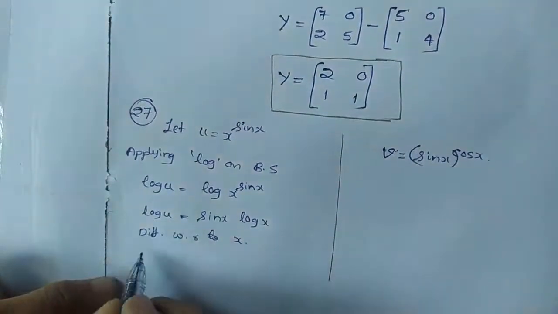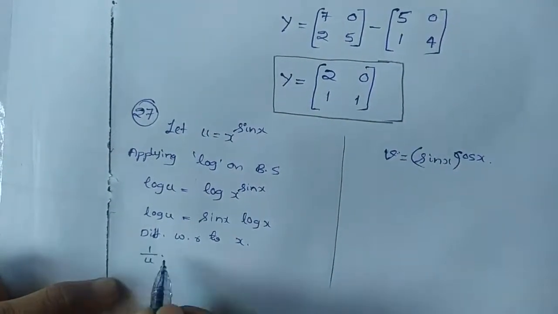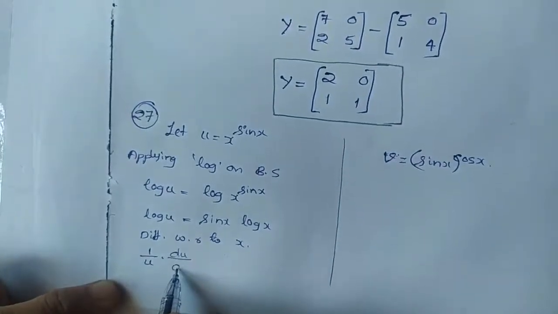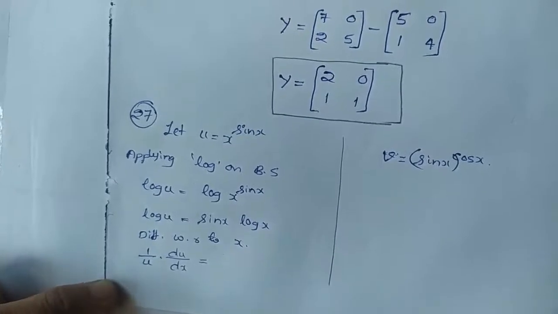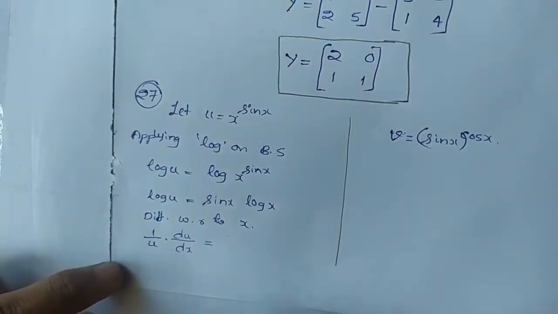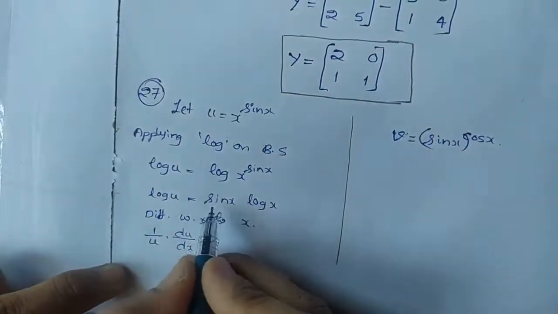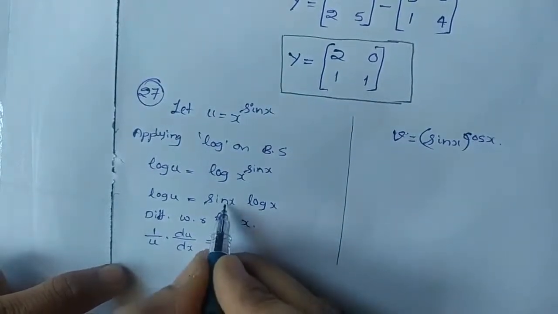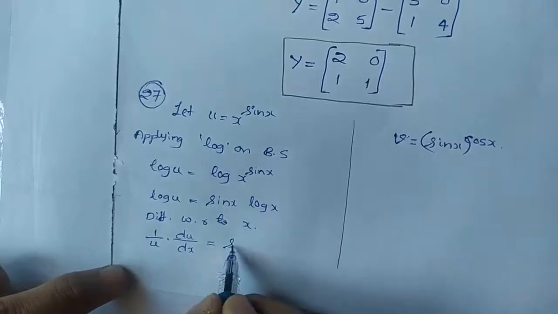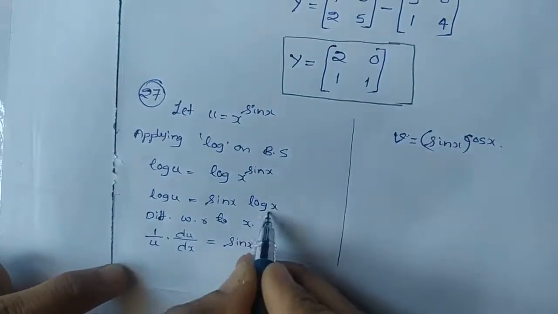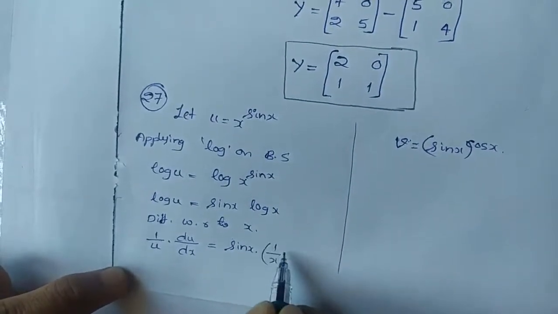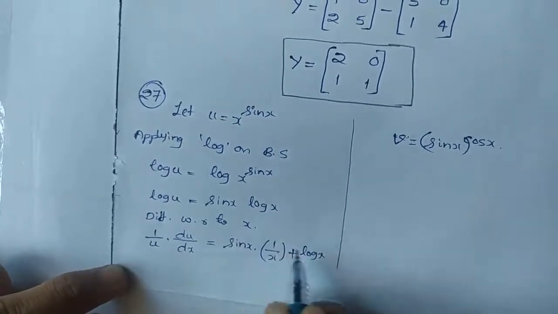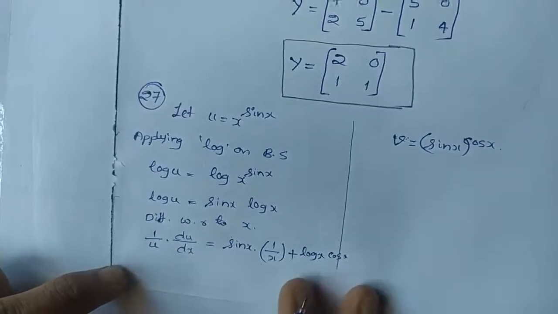Now differentiation of log u is 1 by u into du by dx, equals, it comes under the product rule: sin x into differentiation of log x, which is 1 by x, plus log x, keep it as it is, into differentiation of sin x, which is cos x.